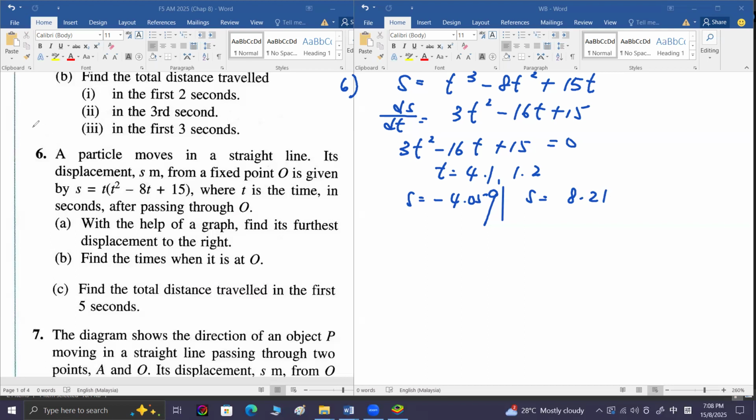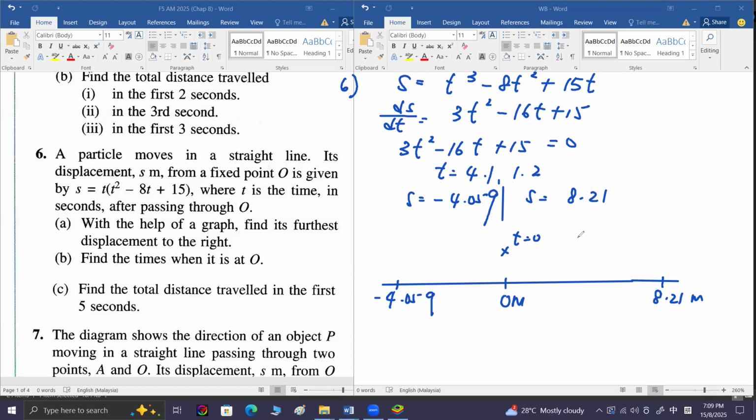Okay, class, I use number line to show you again. Zero. And then we have one that is 8.21, and one with a negative 4.059. So when t is 0, we are here. The particle is here.